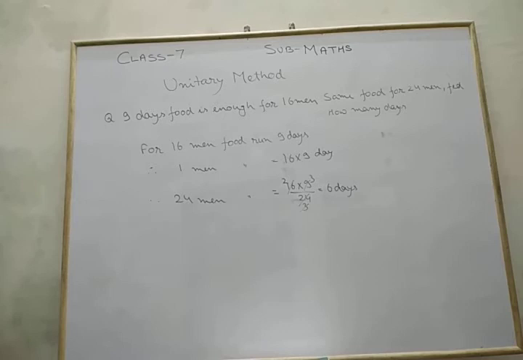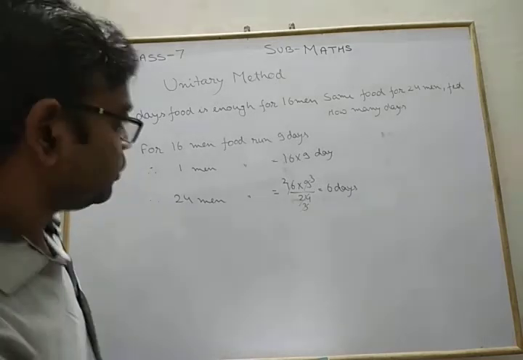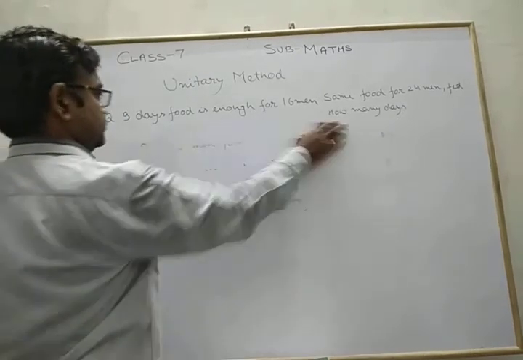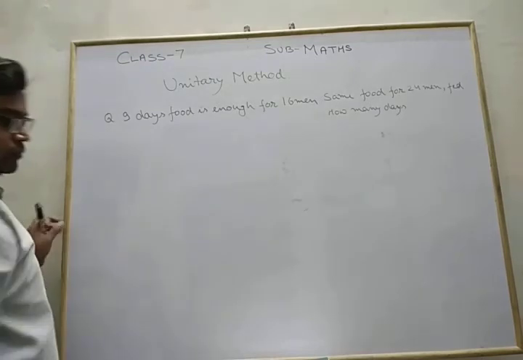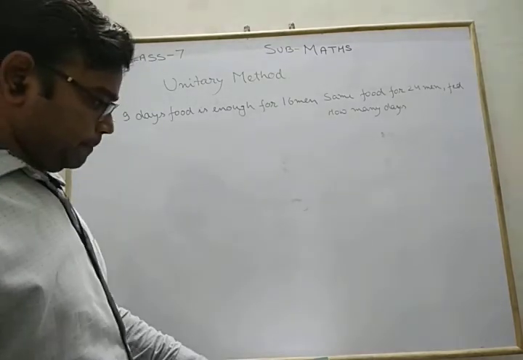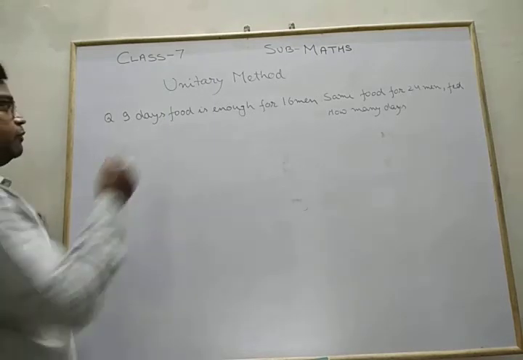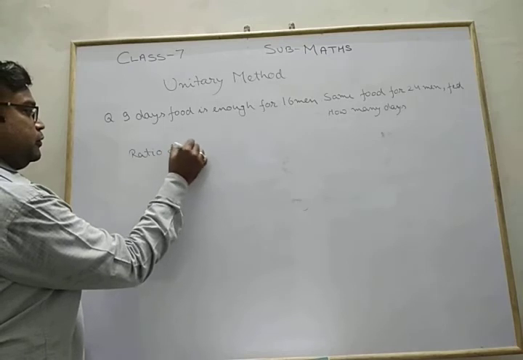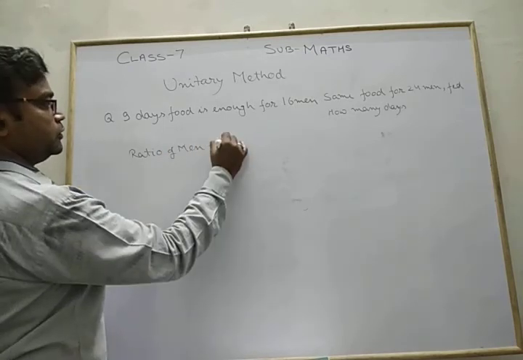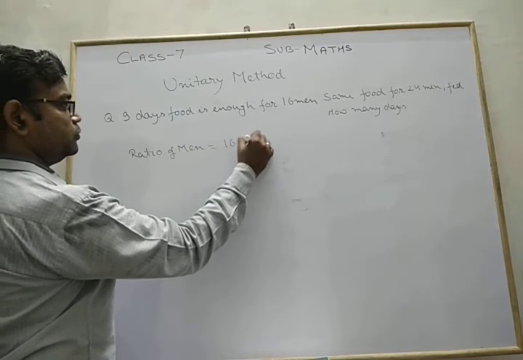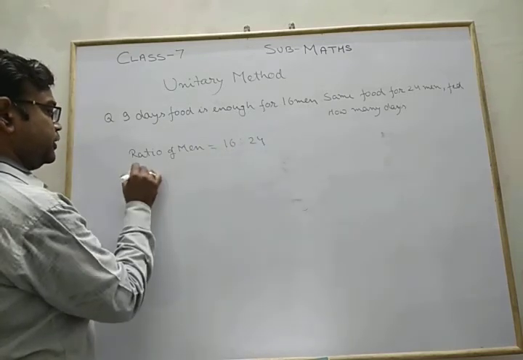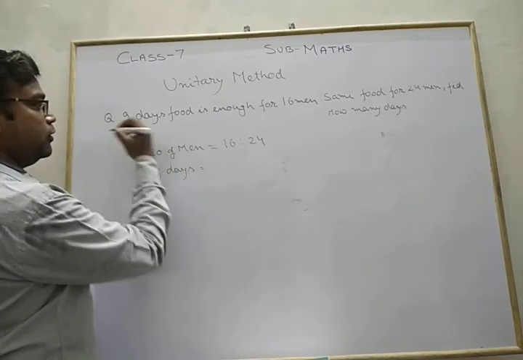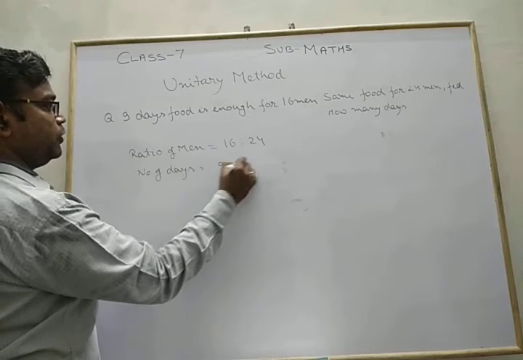We can also solve this question by using an alternative method. For this, we find the ratio of men equals old ratio to new, and the number of days, again old is 9, new we don't know, x.